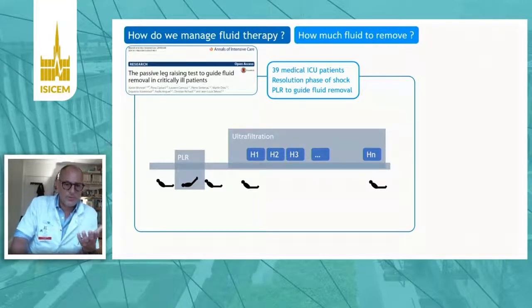And to assess that simply, we conducted a study where, before removing fluid with ultrafiltration at the de-escalation phase of shock, we performed a passive leg raising to assess fluid responsiveness. And we wanted to demonstrate that in patients without preload responsiveness, there was no hypotension during the ultrafiltration, during the renal replacement therapy that was conducted just after.